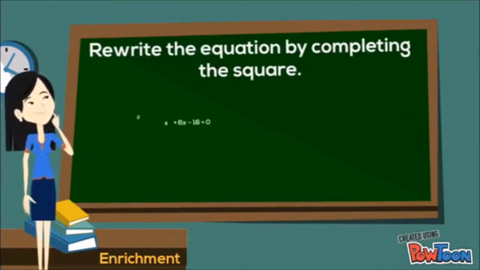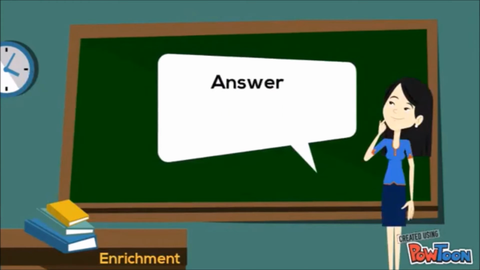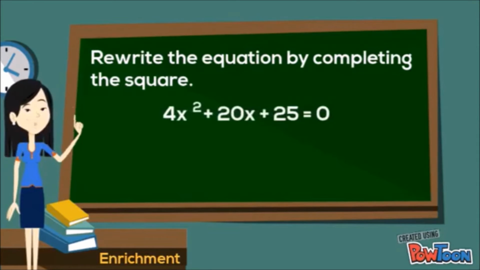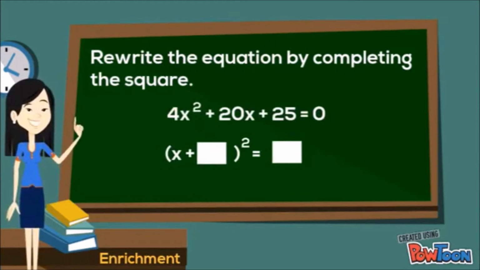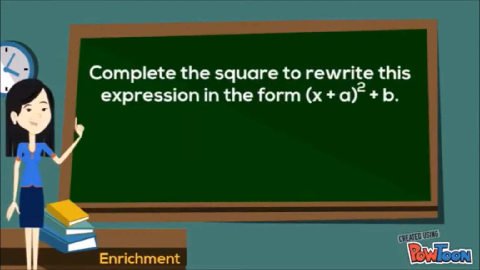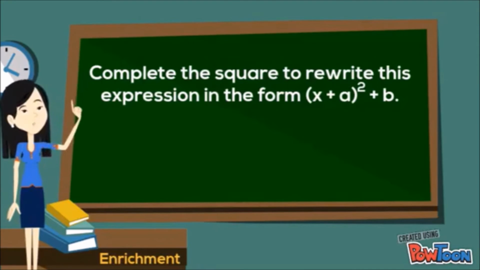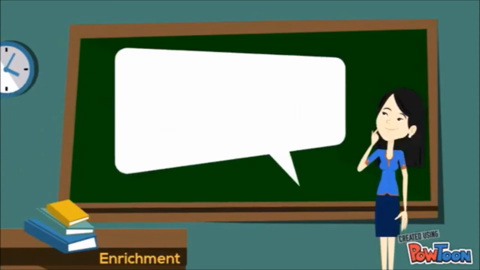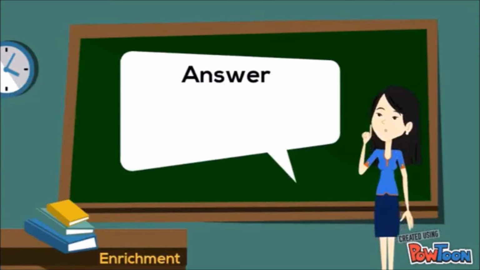The answer is the quantity of x plus 3 squared equals 16 plus 9. Rewrite the equation by completing the square. The answer is: complete the square to rewrite this expression in the form of the quantity of x plus a squared plus b, the quantity of x minus 1 squared plus quantity of 17 minus 1.